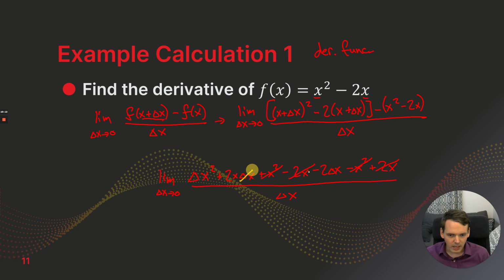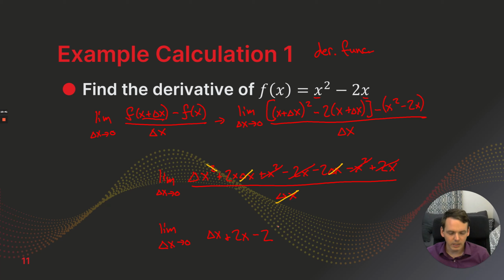So this delta x, this delta x, this delta x, and one of those delta x cancels. Go back to our red, and we have the limit as delta x approaches 0 of delta x plus 2x minus 2. That's all that's left.